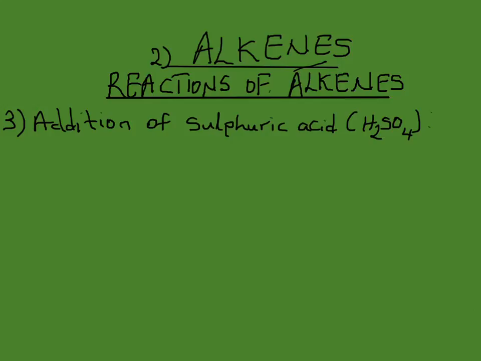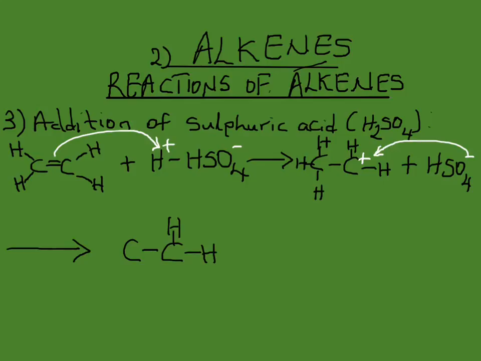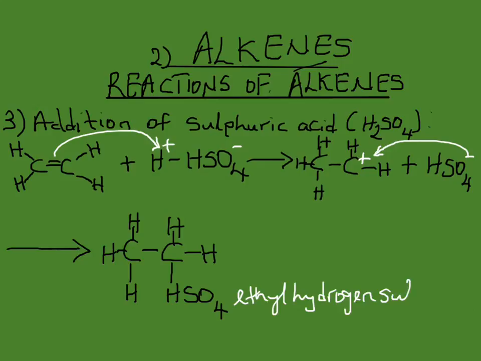If this alkyl hydrogen sulfate is boiled with water, alcohol is formed. We say they react with concentrated sulfuric acid to yield alkyl hydrogen sulfate. Like there, you see the end product is ethyl hydrogen sulfate.